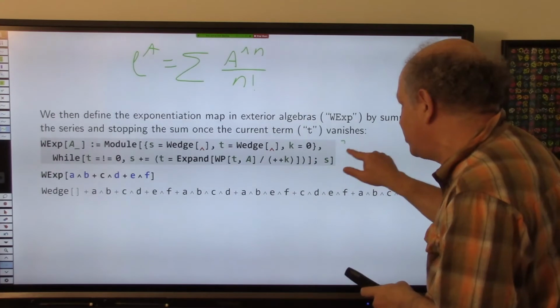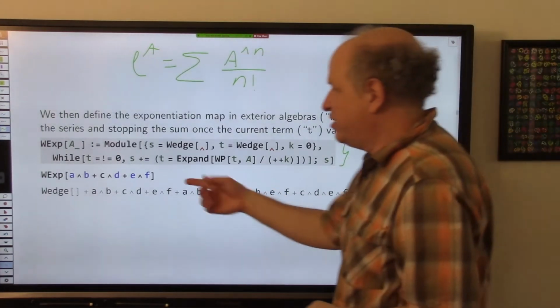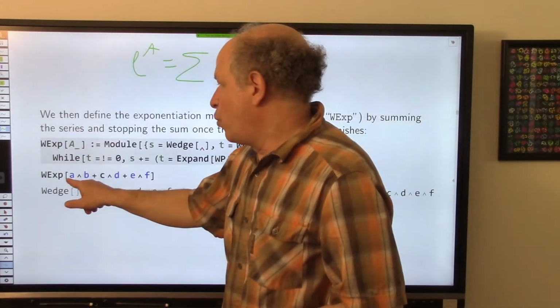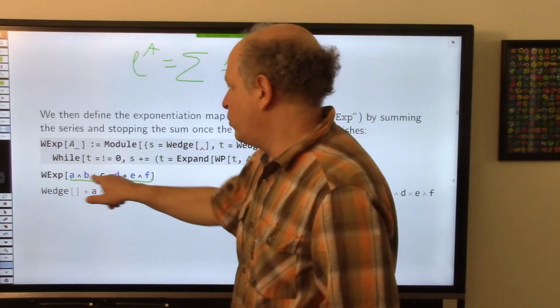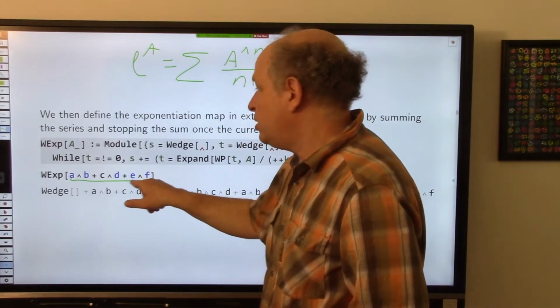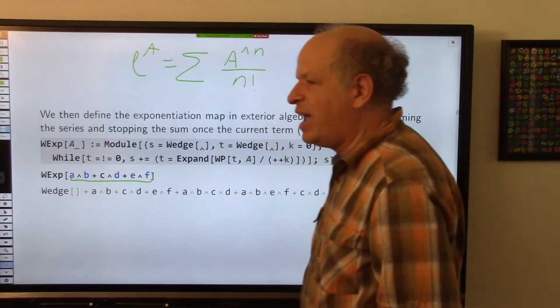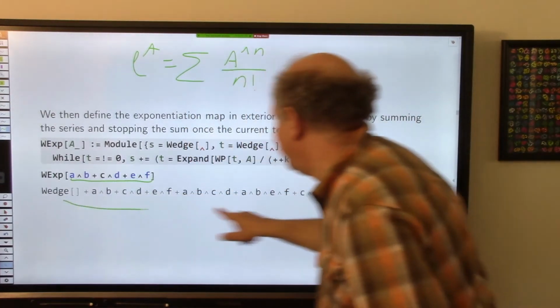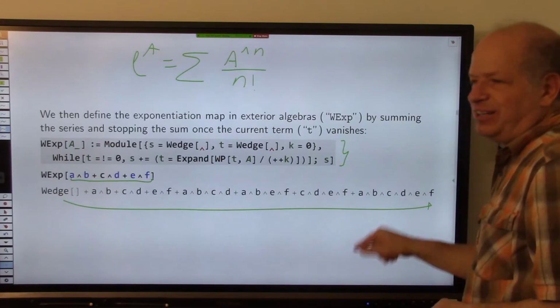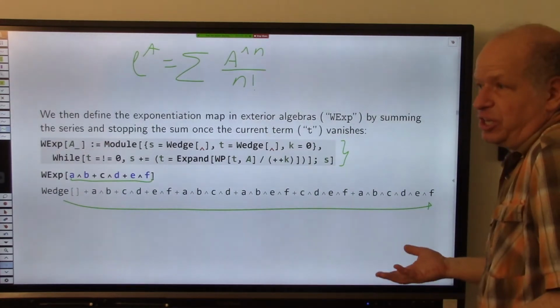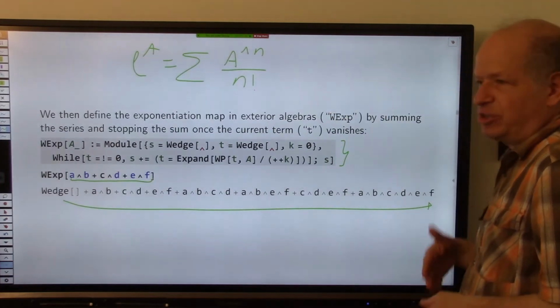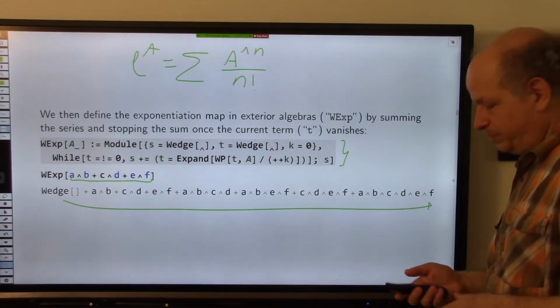This is done here in 2 lines of code, and here's what you get. If you look at the wedge exponential of A wedge B plus C wedge D plus E wedge F, you'll get this thing, and notice that it's a finite expression because exterior algebras are finite dimensional. So the series terminates at some point.